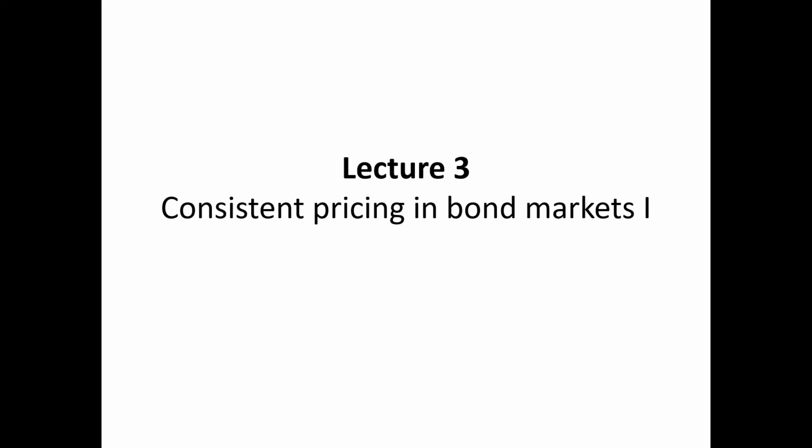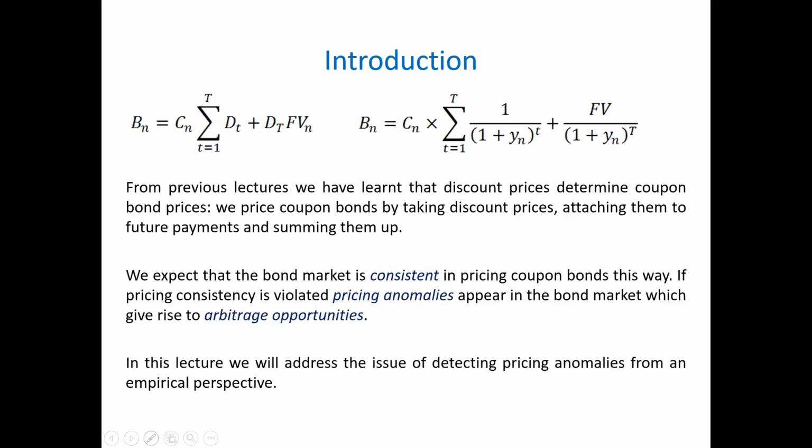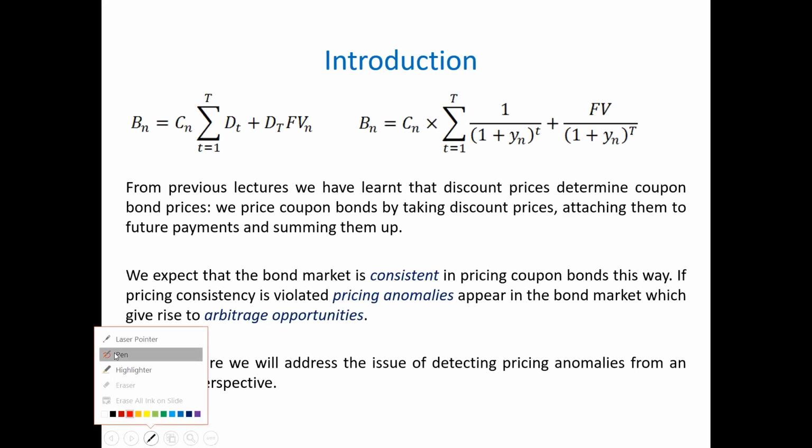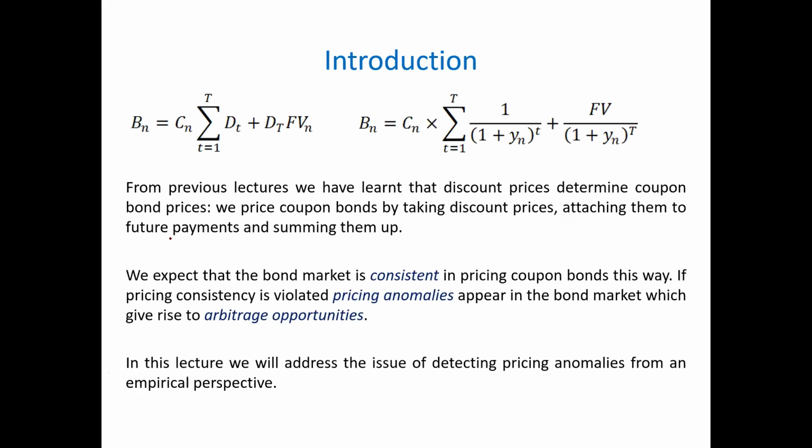Anyway, so what is consistent pricing and why is it so important? First of all, let's discuss what is consistent pricing. And I will move to the next slide right now. And I will switch on the marker. So in the upper part of this slide, you see two formulas. These two formulas are given to value a government's coupon bonds.